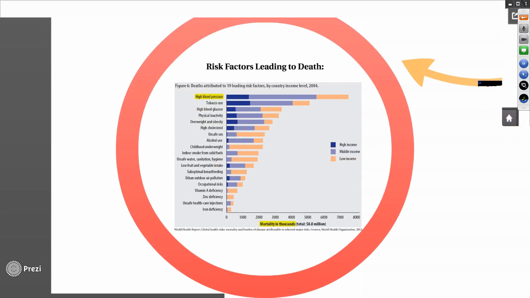So your next question would be, well, what puts us at risk for ischemic heart disease? How do I get this condition? How does this happen to me? Well, the next slide is risk factors that are associated with death, risk factors that lead to death.